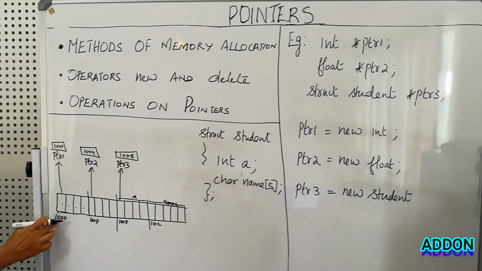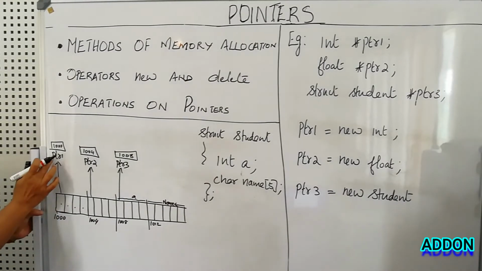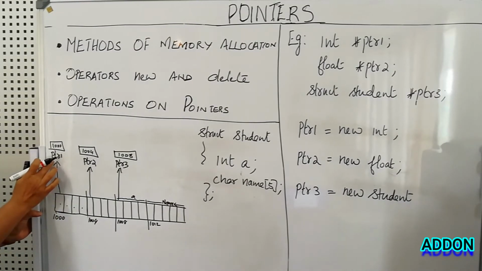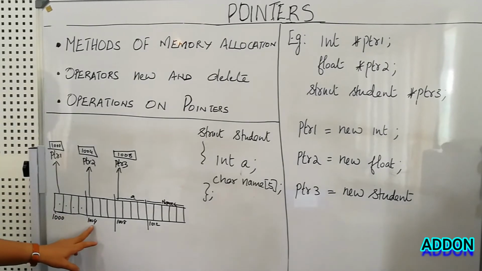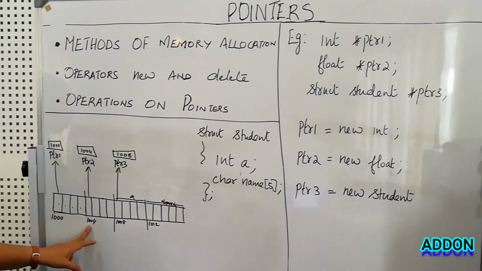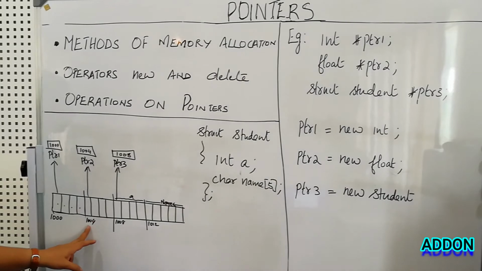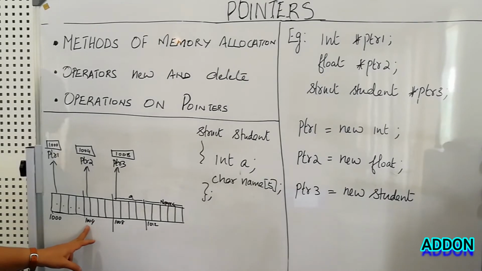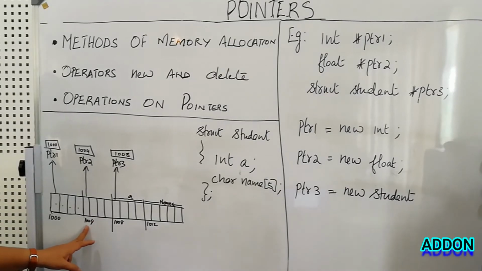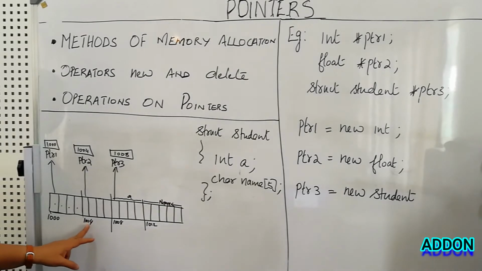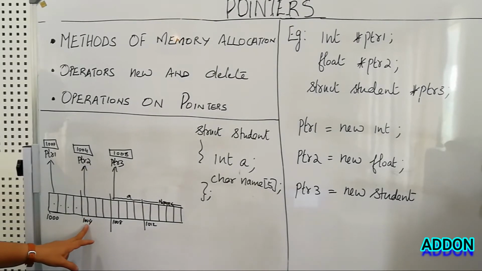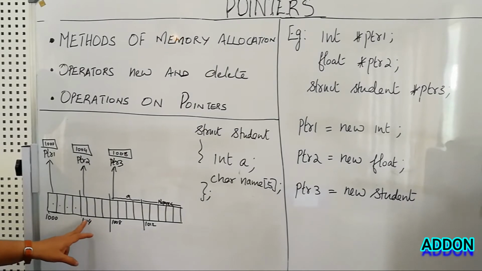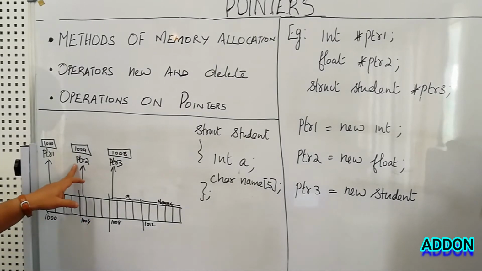Base address is a starting address. 1000 will be allocated to ptr1. As in the second example, consider the new operator allocates 4 bytes of memory for float, and it returns a value. That value will be a base address. So here 1004 is the base address of floating point data, and 1004 will be allocated to ptr2.